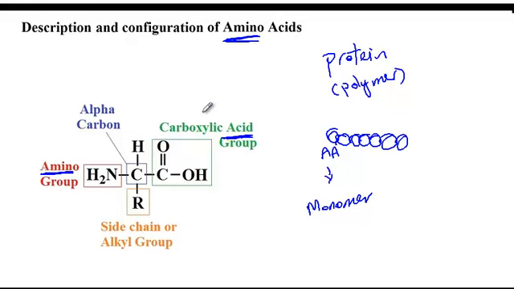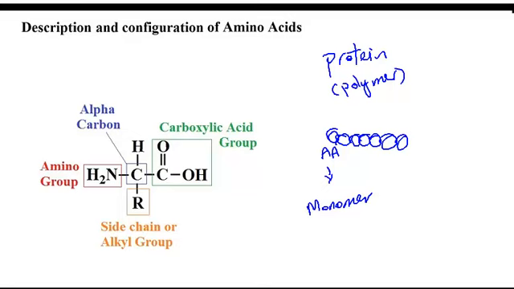Then there is an H also attached to the alpha carbon, and finally we have a side chain that will be different for different amino acids. So all these 20 amino acids have the same amino group, carboxylic acid, and hydrogen, but it's their side chain that is different.